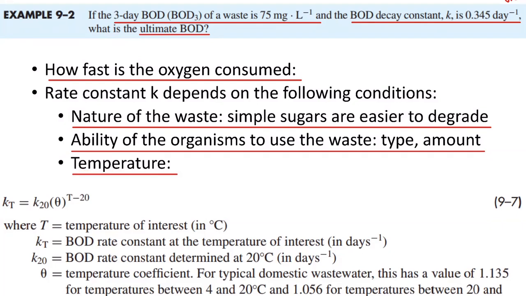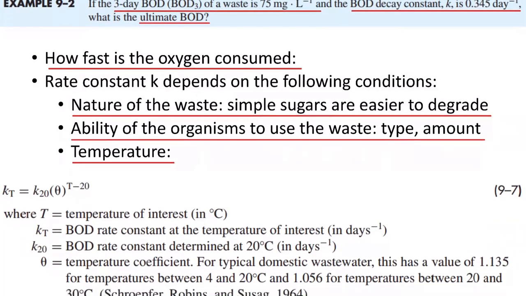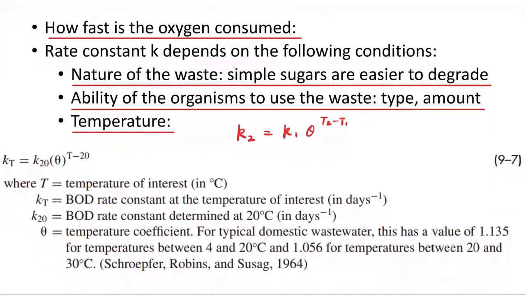If you recall when we discussed the reaction kinetics, right? So the K here, if you remember the equation, K2 is equal to K1 multiplied by theta to the power of T2 minus T1, right? So what this equation means is that the rate constant is really dependent on temperature, right?